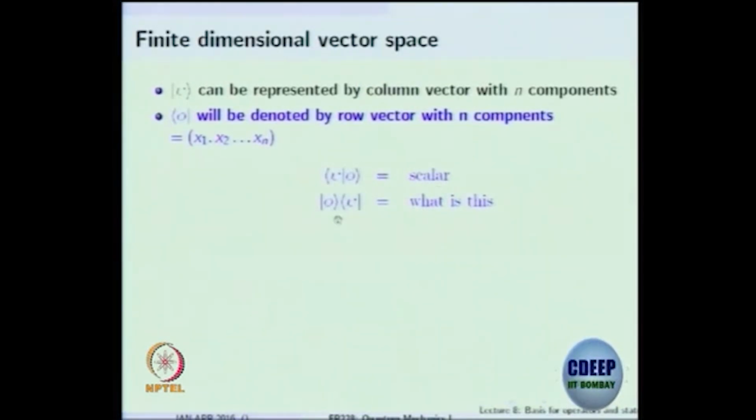The next question you can ask: if you write the two states in this fashion, in the second line, what is this? It is a column multiplying a row. What will that give you? It gives you an n cross n matrix. This is also an allowed operation, but it does not give a scalar, it gives a matrix.